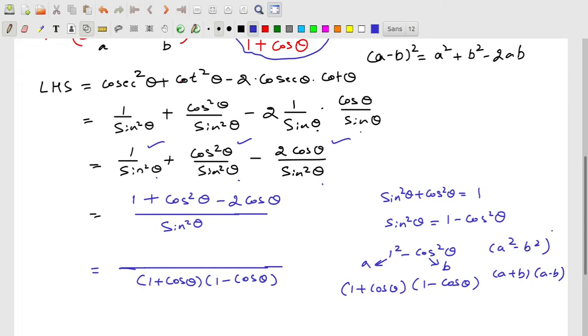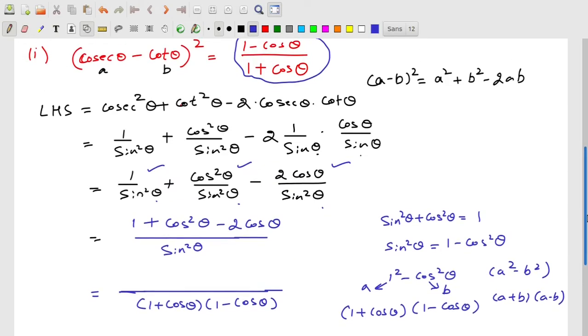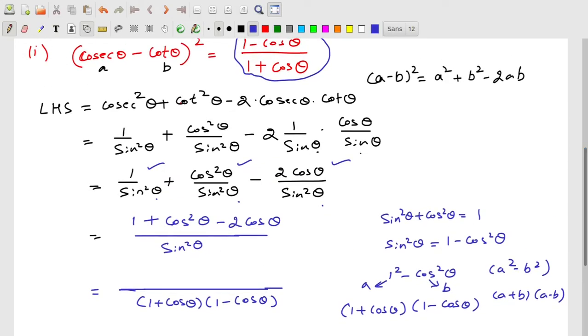Fine then. So what do we need in the numerator? We need 1 minus cos theta. Now how to get 1 minus cos theta out of this numerator, right? So now again see here, throughout this problem we are using three identities.